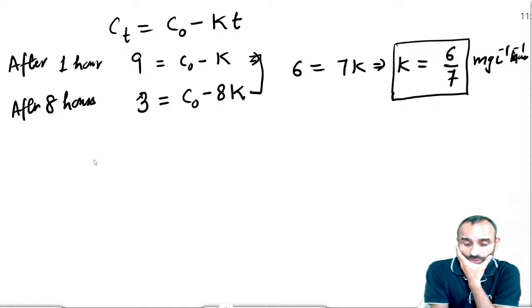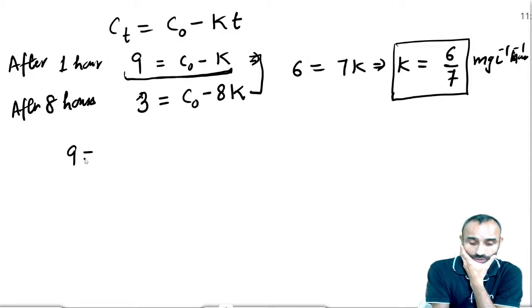After 1 hour, 9 equals C naught minus k, with k being 6 by 7.